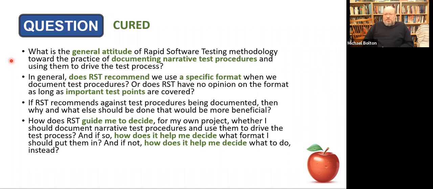I will say that our general attitude toward the practice of documenting narrative test procedures and using them to drive the process is one of skepticism. I do not reject the possibility that a documented narrative test procedure could be helpful. But I would like to open people's minds to other forms of things that can inform or guide the process.